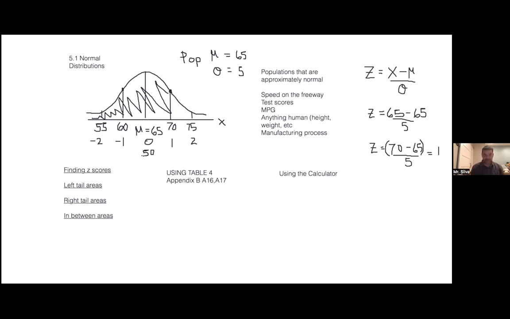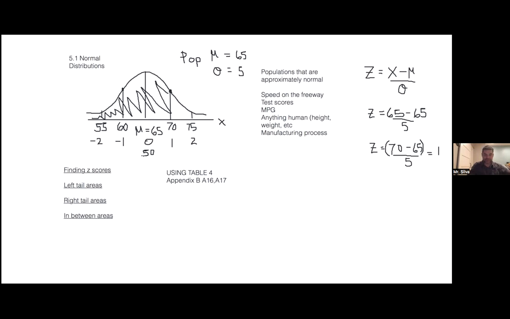So what I'm going to do is go to a z-score of 1. So I'm looking at the table. We'll use the calculator in a little bit, but I want to get familiar with the table. Down the left side, A16 are all negative z-scores. A17 are all positive z-scores.